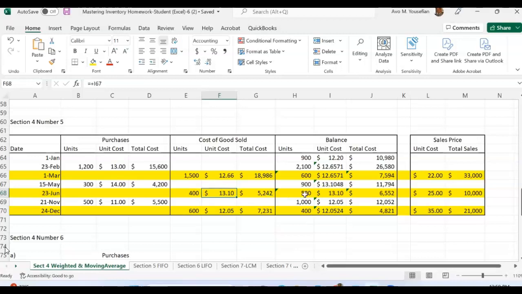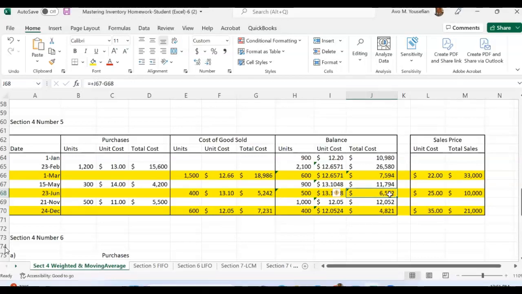So what is left? We have 900 less 400, that's 500 units left. That's the formula. And the average cost is 13.10, the same dollar amount. And the balance is 6,552, and that's the formula.